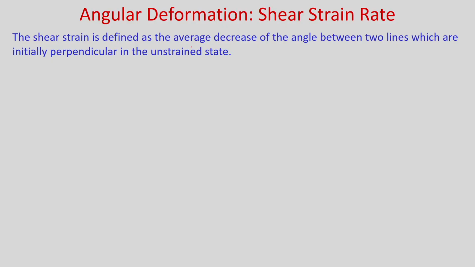Now let us discuss the shear strain rate due to this deformation of the fluid element. We have already evaluated the change of angle per unit time in terms of the velocity gradient. The shear strain is defined as the average decrease of the angle between two lines which are initially perpendicular in the unstrained state. So, we can define shear strain as half of delta alpha plus delta beta.